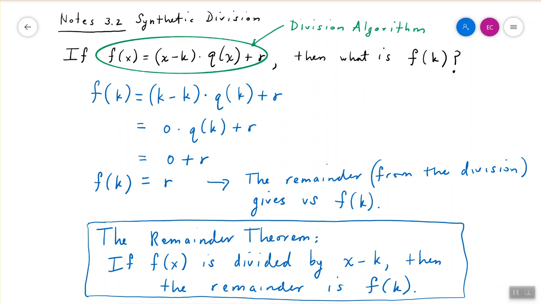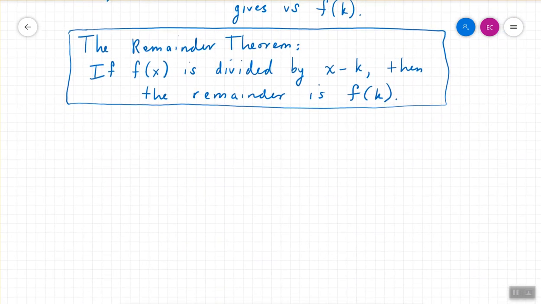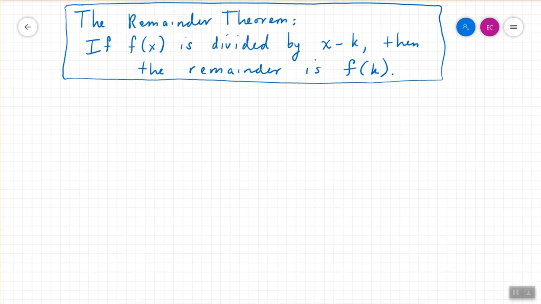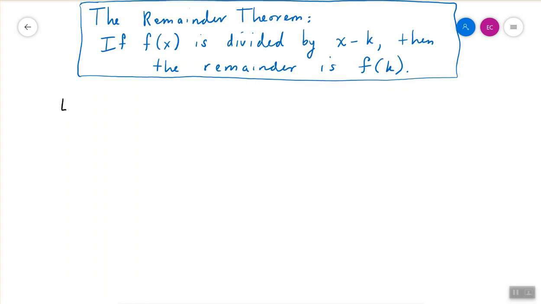That's a little tricky, so let's go ahead and have an example and see if we can make sense out of this. So let's see, I think we're up to example 4 or 5. Let's call it example 5.